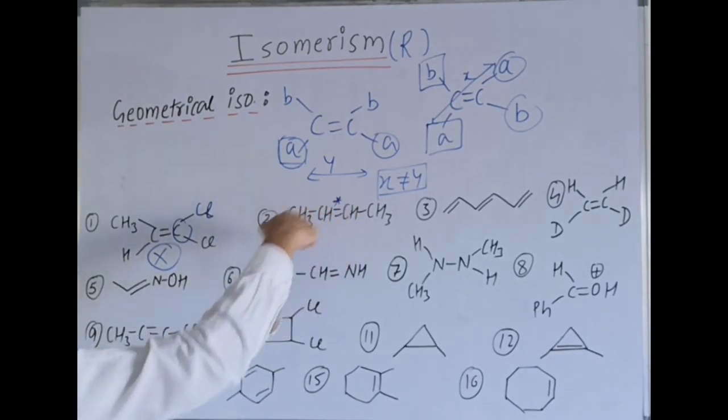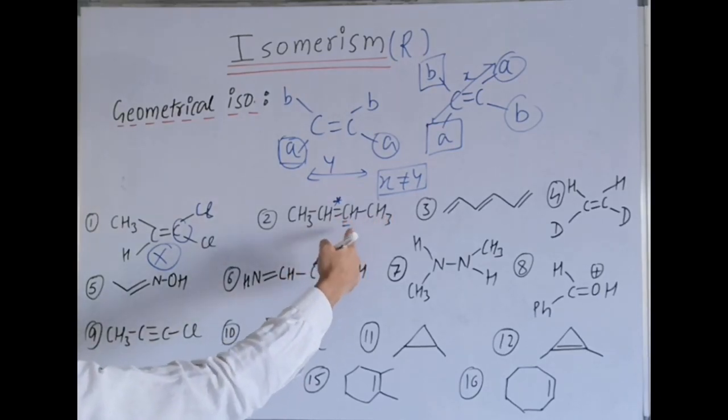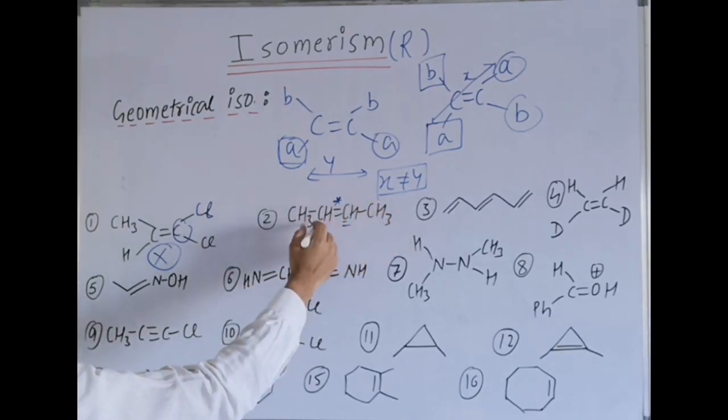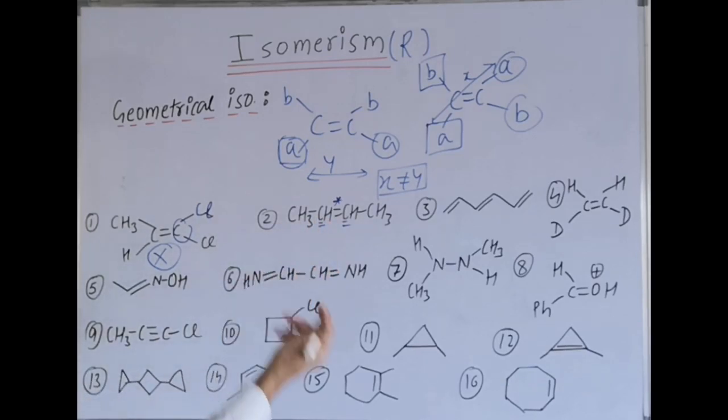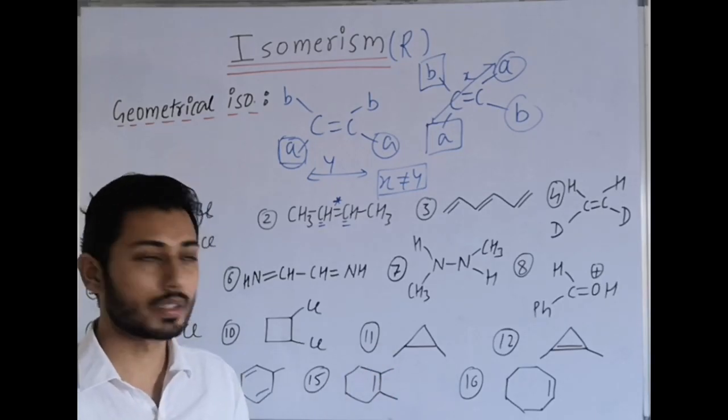I am marking a star for the geometrical center. Each carbon contains H and CH3, meaning two different groups. The left also contains two different groups, H and CH3. So we can write two forms, one is cis, one is trans. Cis means similar groups on the same side. Trans means similar groups on opposite sides.